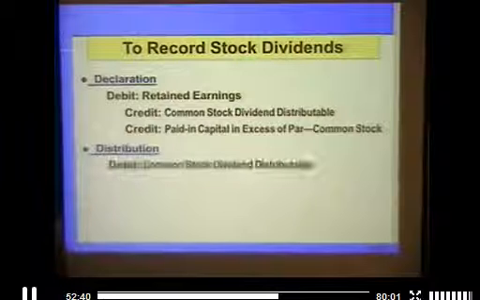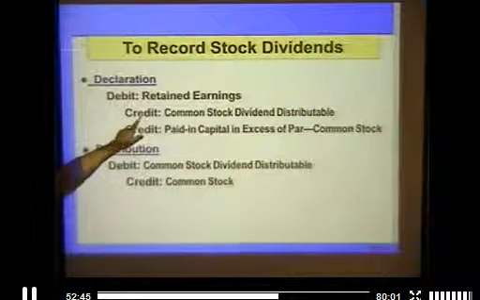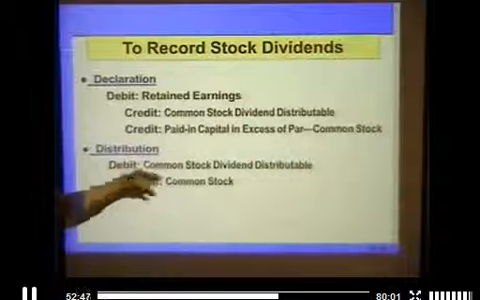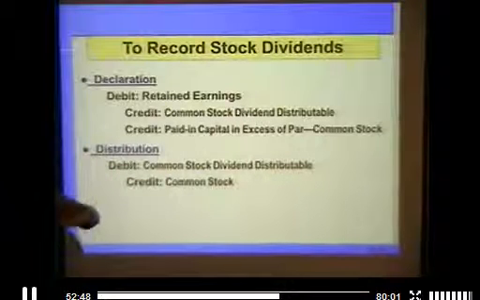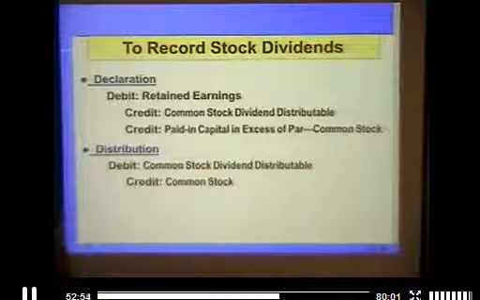And then on distribution, we debit the distributable account and credit common stock. In other words, it goes from what we were going to distribute into the common stock, showing that those shares were distributed.